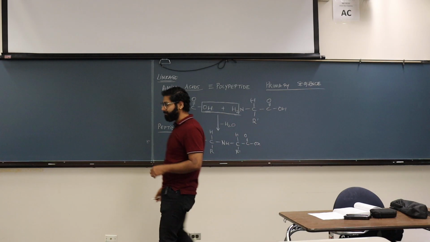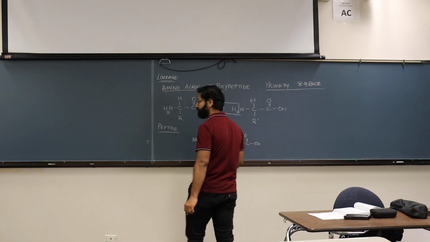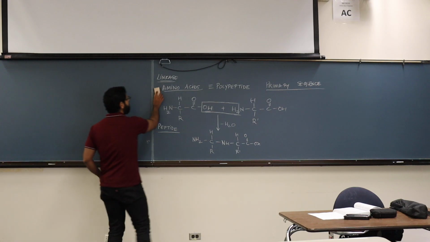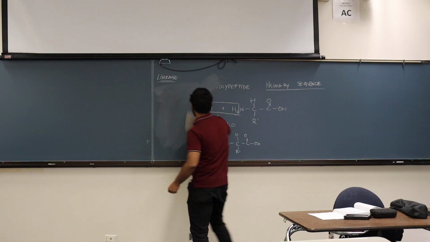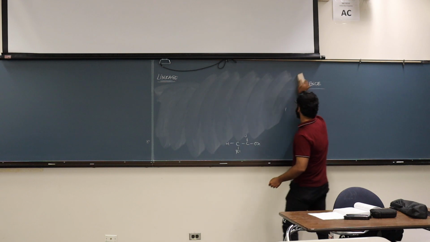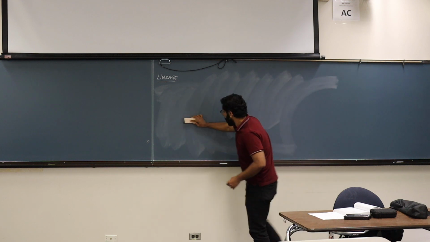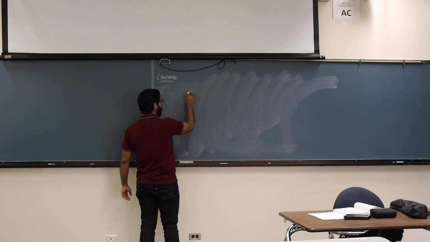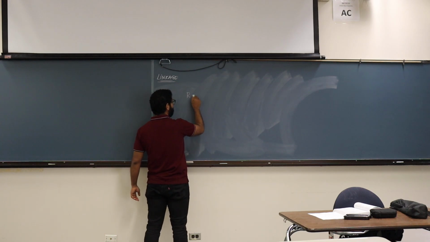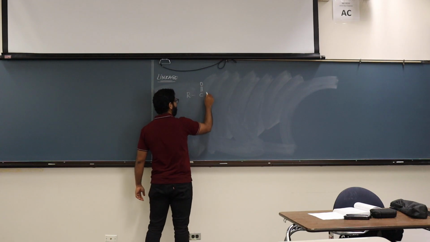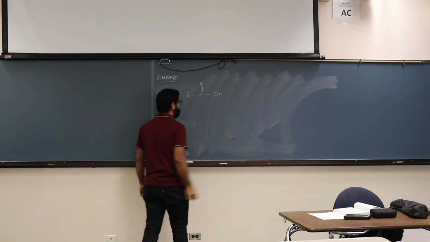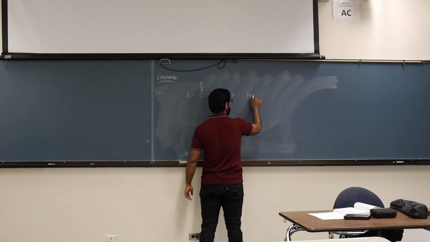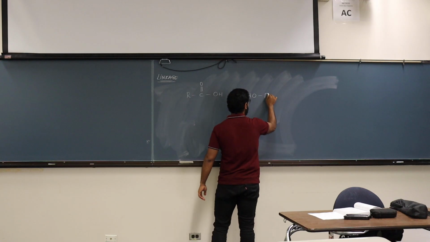Let's move on to another type of linkage. Before we do that, tell me, what will you have if you have this COOH group and then R dash?